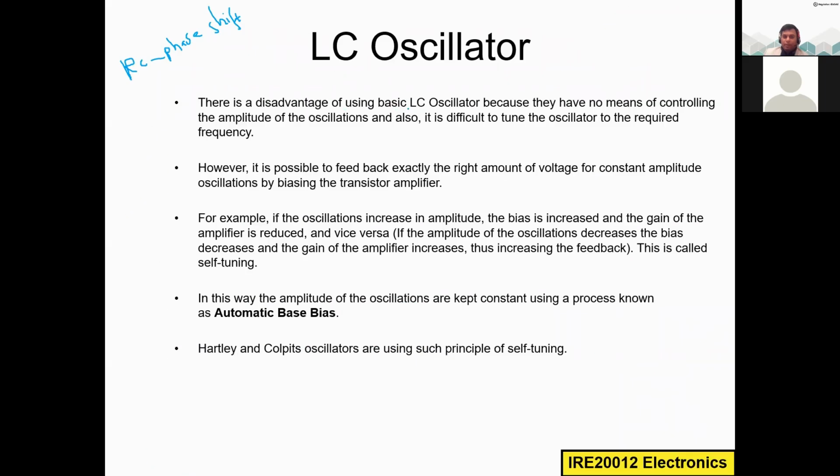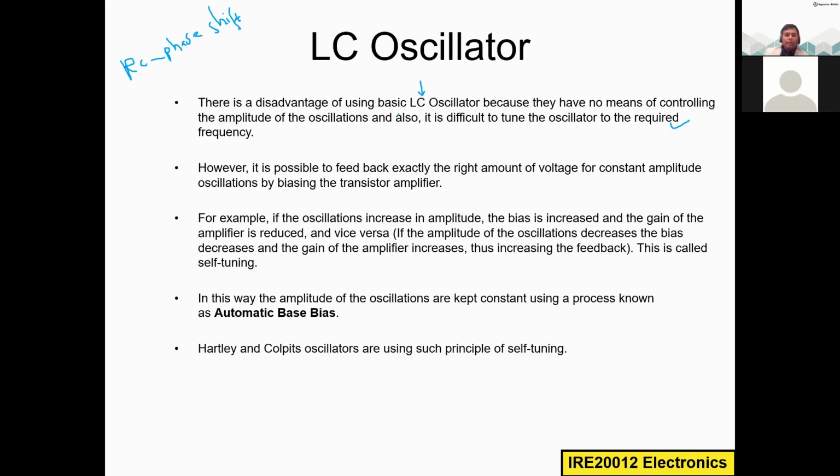If you use the simple or basic LC oscillator, then you cannot really control the amplitude of the oscillations. Even though you change the C value, you cannot really control the oscillations. So it's difficult to tune the oscillator to the required frequency.